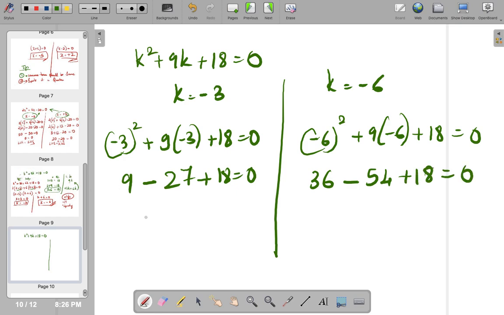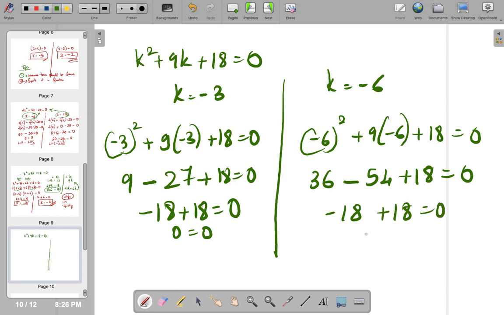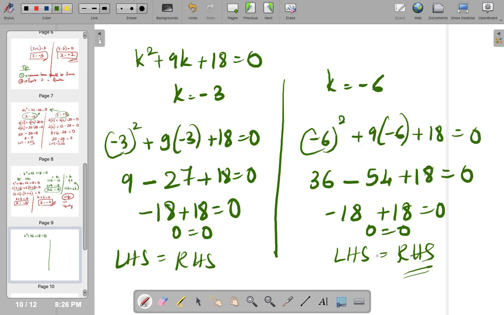Now 9 minus 27 is minus 18, plus 18 equal to 0. 36 minus 54 is minus 18, plus 18 equal to 0. LHS equal to RHS. Hope it's clear to you.